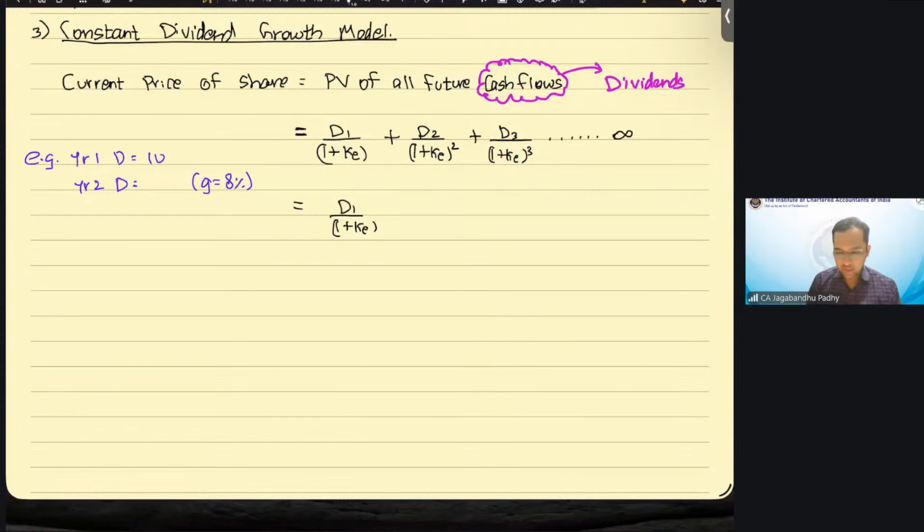In growth model, K is the cost of equity. This is what we want to calculate. What will be the amount of dividend?